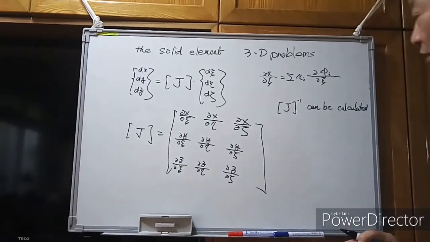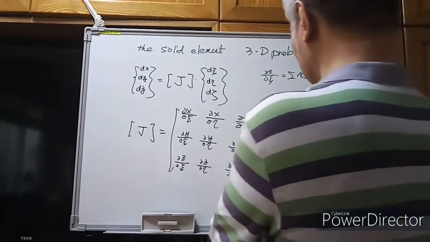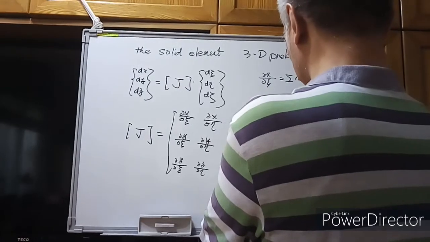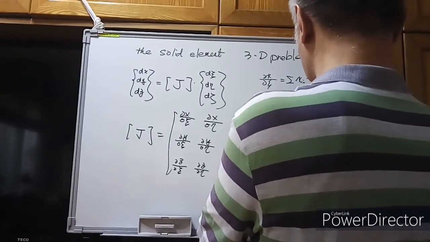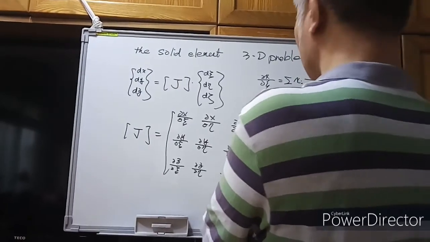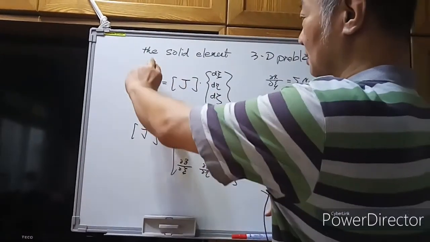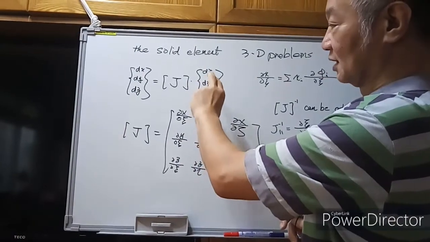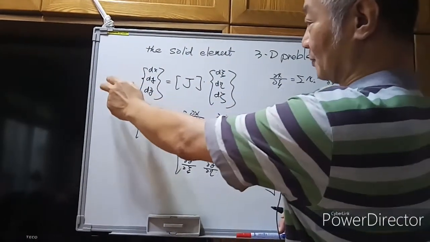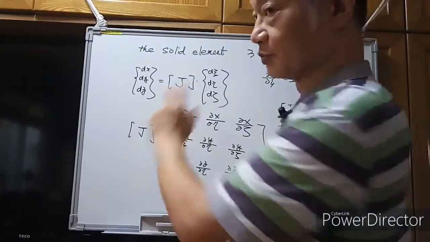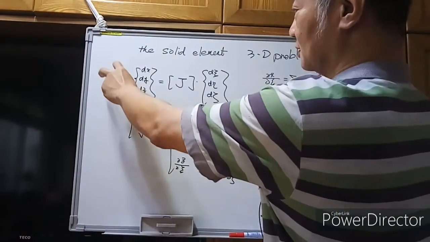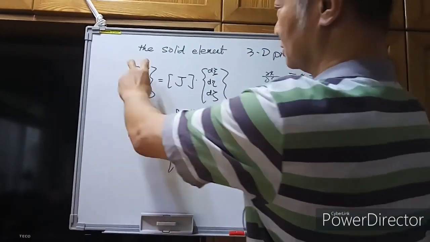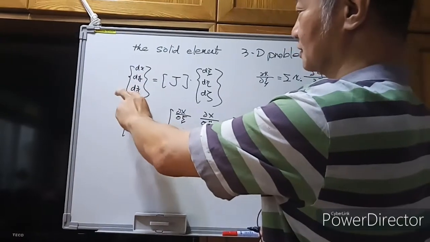Okay, and then you can say, since this vector is equal to J times d xi, d eta, d zeta, if we multiply J inverse to both sides, then we have J inverse times dx, dy, dz.